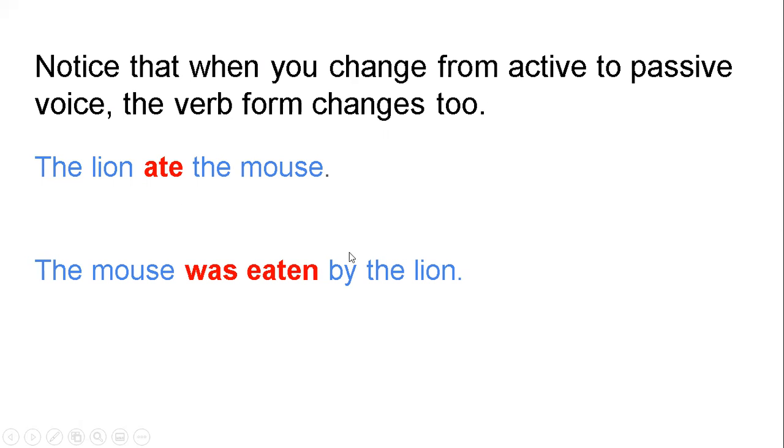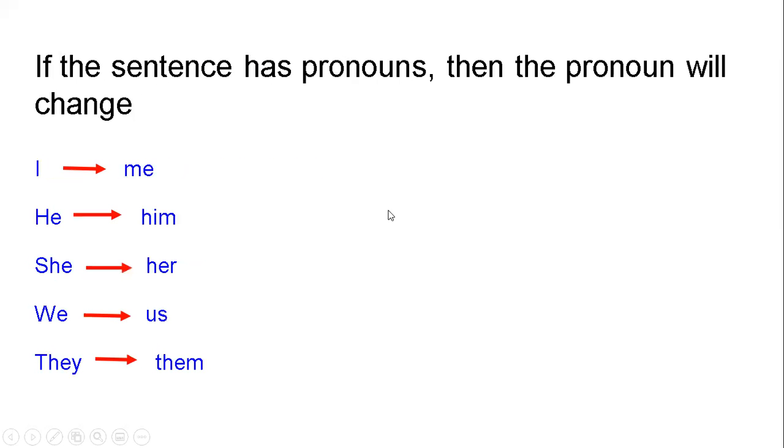Now, because I'm doing that, I have to change the verb form. Have to, compulsory. If I don't change the verb, like I showed you, the meaning of the sentence will change and it will be completely incorrect. I cannot say the mouse ate the lion. I hope you followed what I mean. And if you have, let's move on.